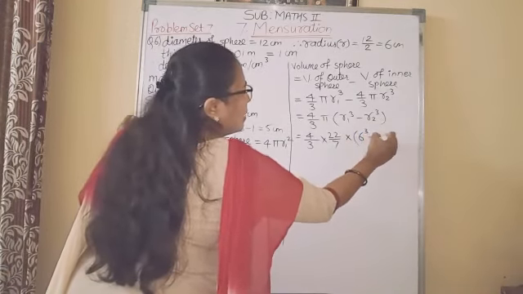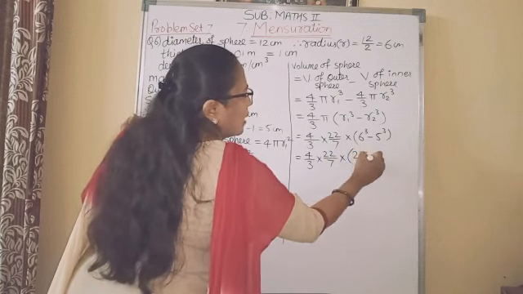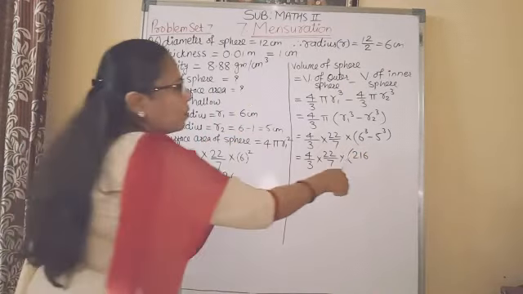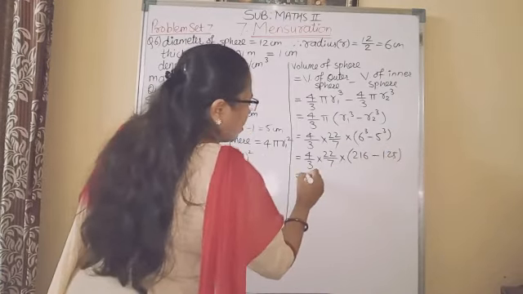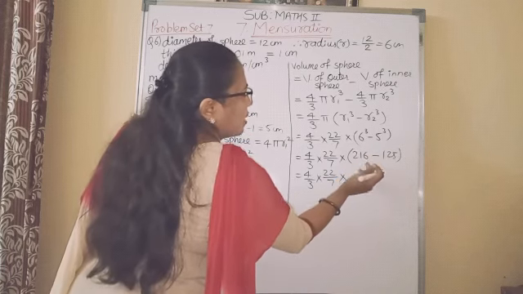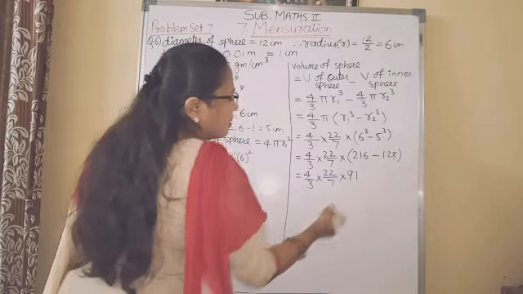So 6 cube minus 5 cube. 4 upon 3 into 22 upon 7 into 6 cube, 6 multiplied by 6 multiplied by 6, is 216, minus 5 cube is 125. 216 minus 125 is 91.